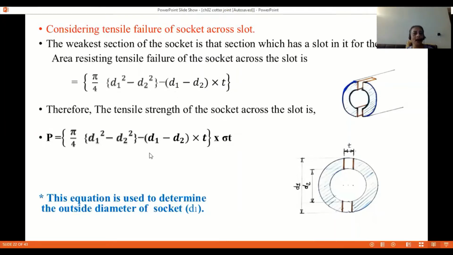This area, when multiplied by the tensile stress, becomes the equation of the tensile strength of the socket across a slot. From this equation, we will find the minimum safe diameter of the socket D1, which will not allow any tensile failure of the socket.